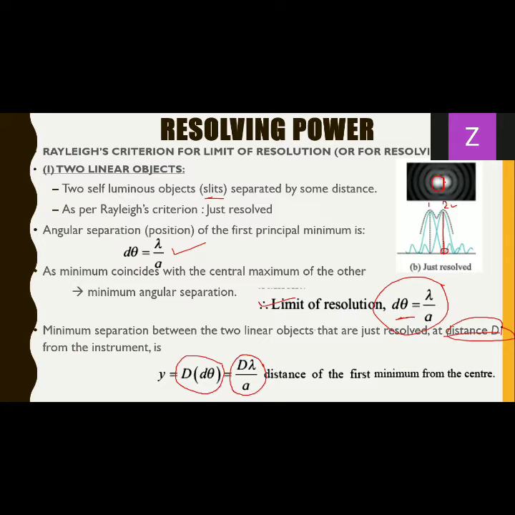What will be the total separation then? It will be given by d into d theta. So this is the total formula, which is d lambda by a. And this is the distance of the first minimum from the center, if it is at this distance d. Otherwise, how much was it? It was this. Clear, Neeraj?